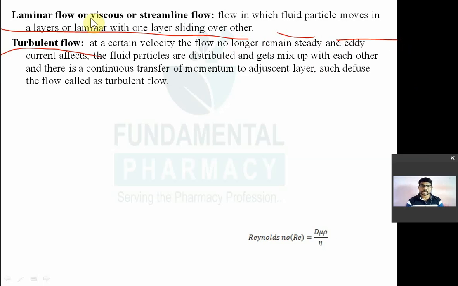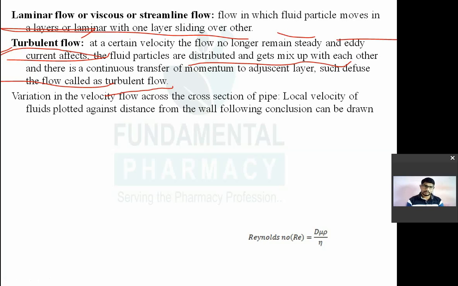Because of eddy currents or eddy diffusion, the fluid particles get disturbed and mixed up with each other, and there is a continuous transfer of momentum between adjacent layers. Such diffused flow is known as turbulent flow. So there are two kinds of flow, laminar flow and turbulent flow, which were observed by Reynolds in his experiment.